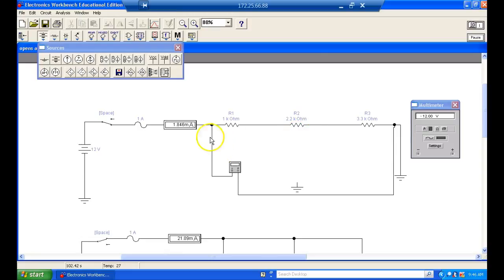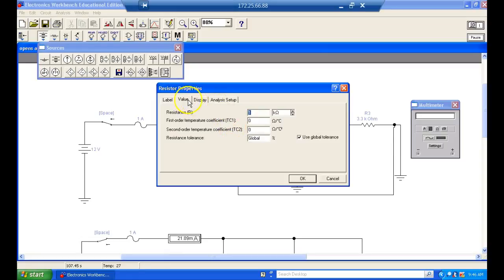Does that make sense? So what happens if we come over here and open one of these resistors? So I'm going to come up here and notice we can put a fault in here.